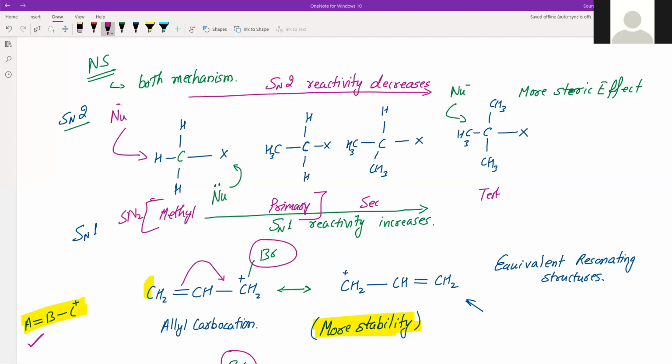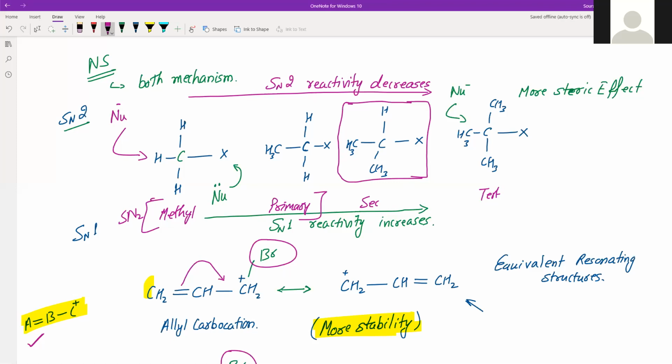The methyl and primary alkyl halides will predominantly undergo substitution by SN2 mechanism. The tertiary alkyl halide undergoes substitution by SN1 mechanism. The secondary, which we saw here, right? This secondary lies in between primary and tertiary.